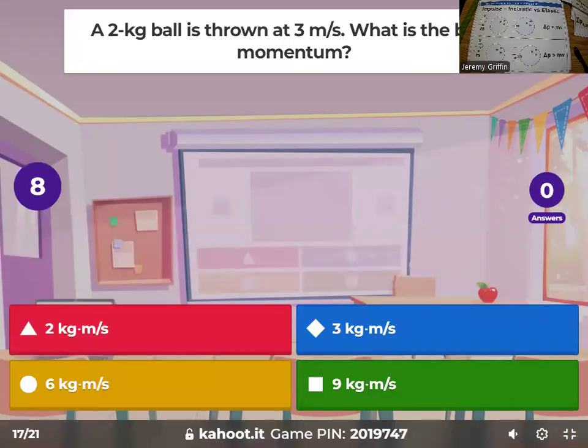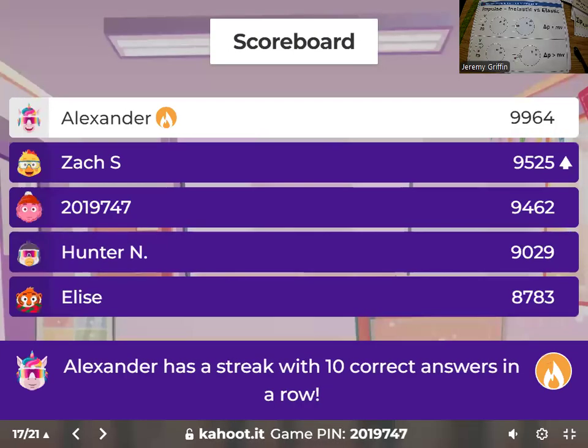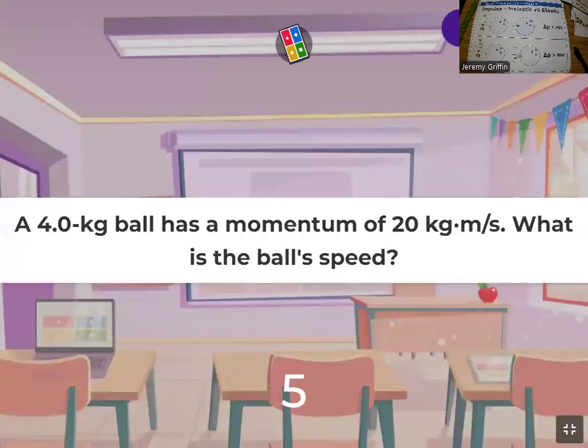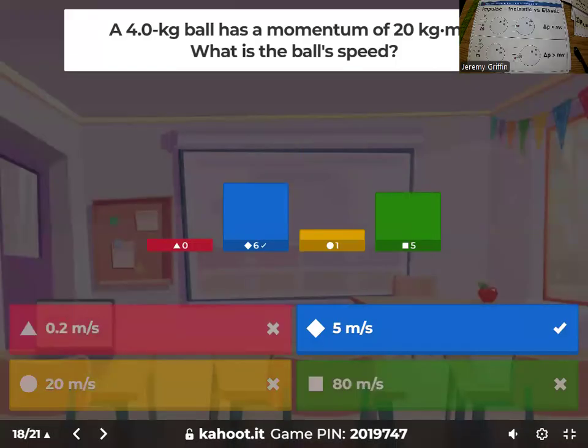2 kilograms, 3 meters per second. What's the momentum? 6 kilogram meter per second. So mass times velocity: 2 times 3 is 6. A 4 kilogram ball has 20 kilogram meter per second of momentum. What's the ball's speed? 4 times 5 is 20.